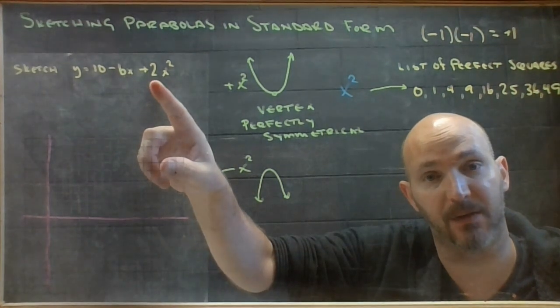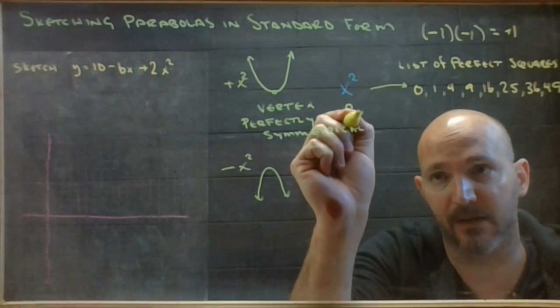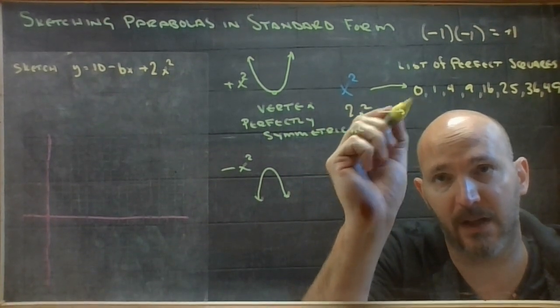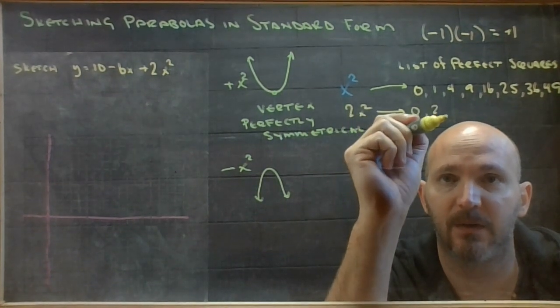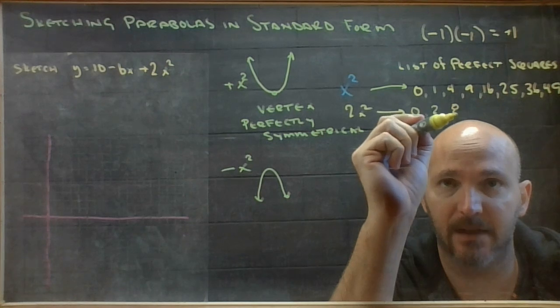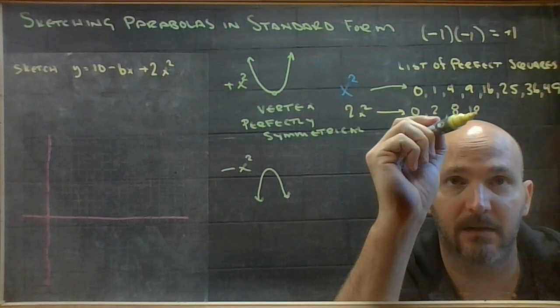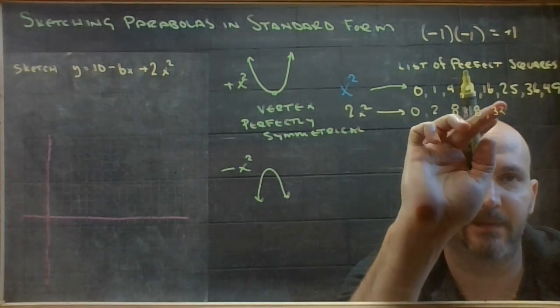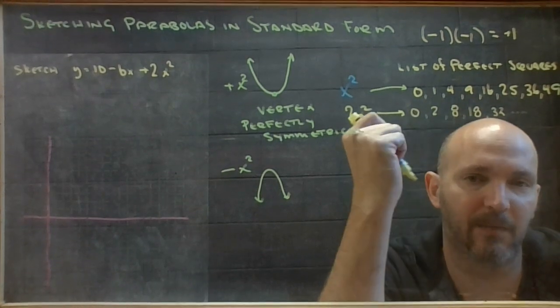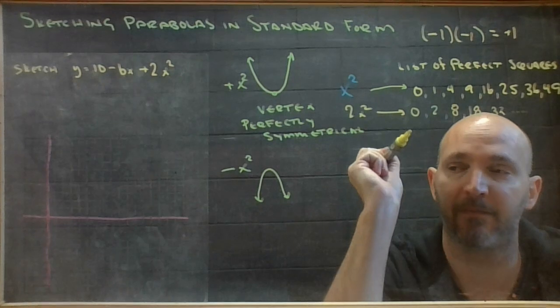Double them because this is a 2. So 2x squared would be 2 times 0 is 0, 2 times 1 is 2, 2 times 4 is 8, 2 times 9 is 18, 2 times 16 is 32, and I'm going to be off the grid by the time I get to any of those bigger ones, so I can just stop there.